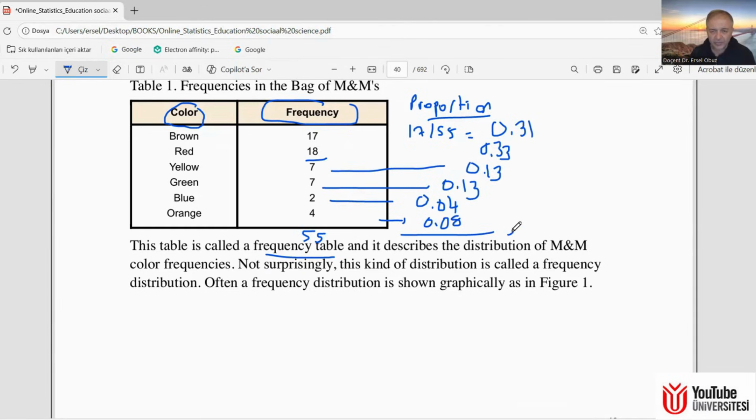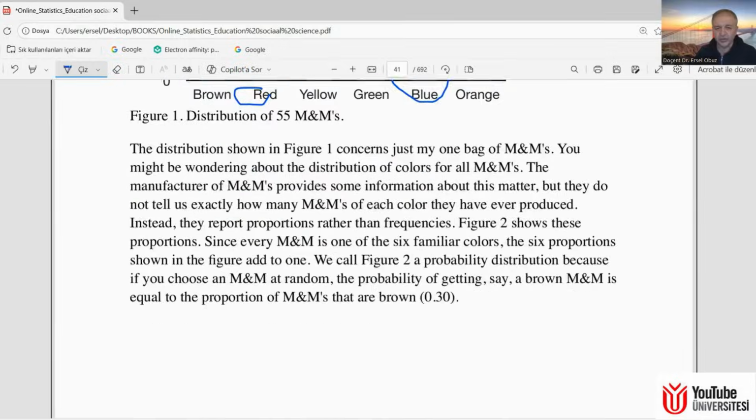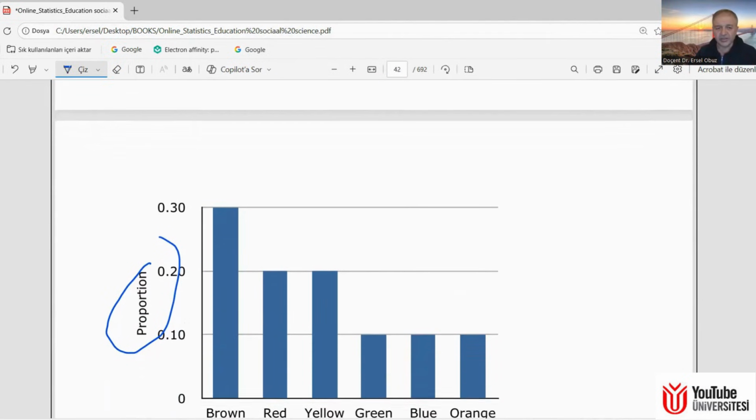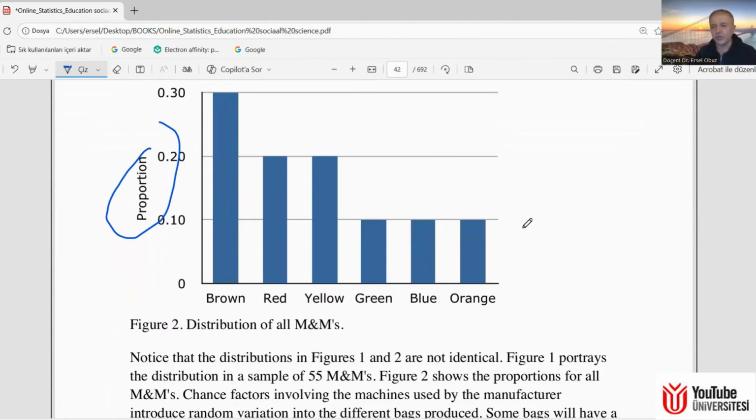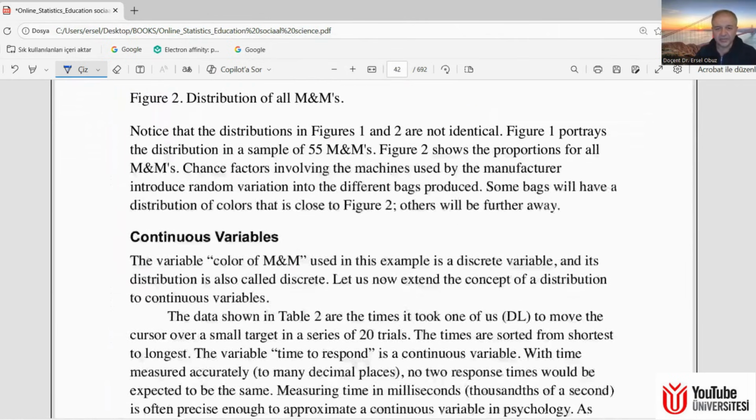Ideally, it has to add up to 1, but because of rounding, sometimes it may be off a little bit. Don't worry about that. So that is the proportion. So we can have the bar chart for the proportion too. So here is the bar chart for proportion. Okay. It is just another way of showing the data.